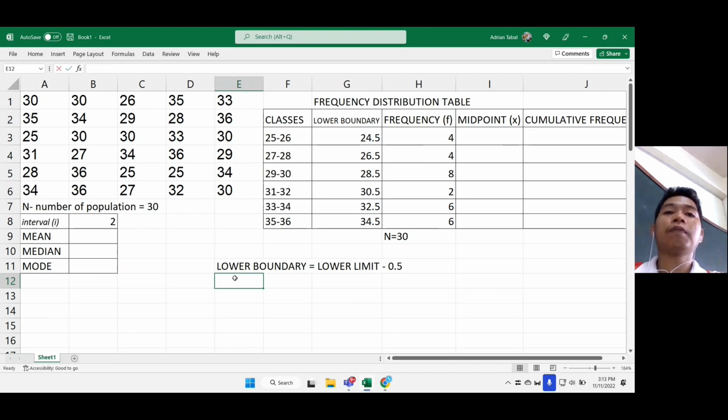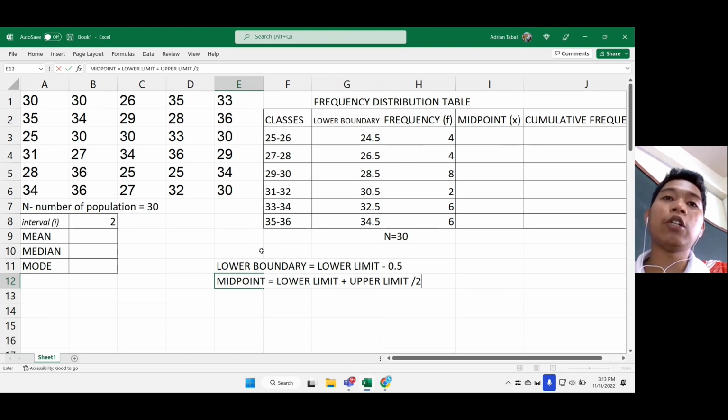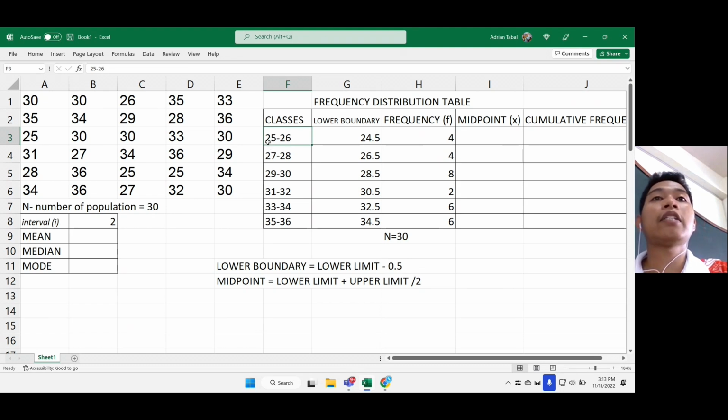So, the midpoint is equal to the lower limit plus the upper limit divided by 2. Which is the lower limit? In 25 and 26, the smaller is 25, the larger is 26. The lower limit is 25, the upper limit is 26, divide by 2. So, 25 plus 26 divided by 2, how much?